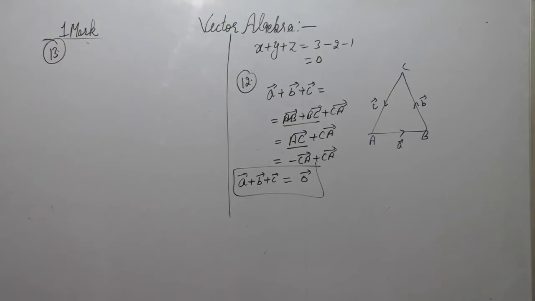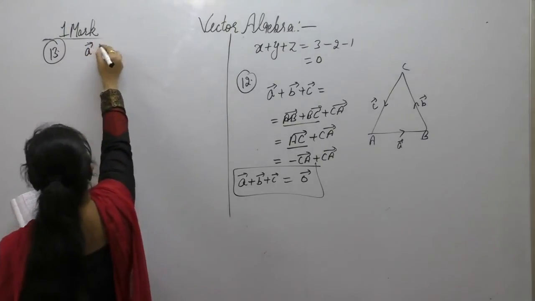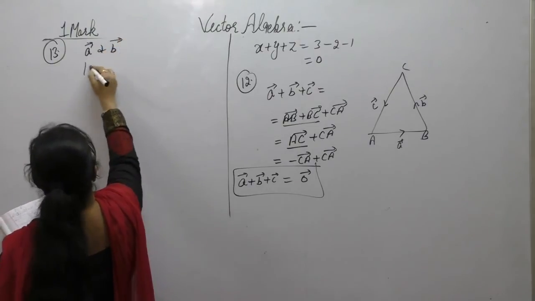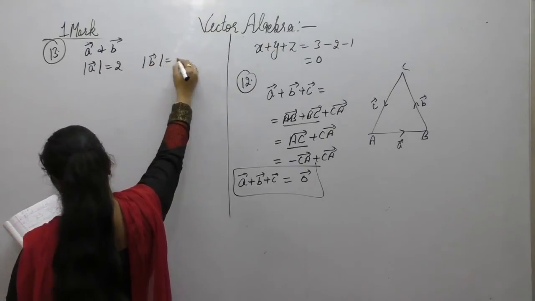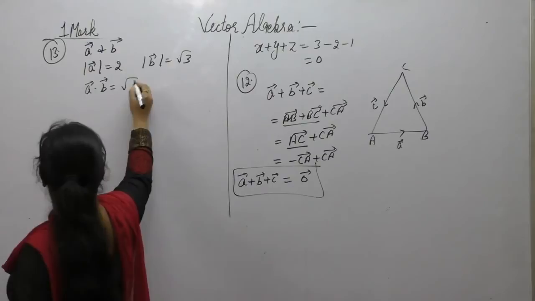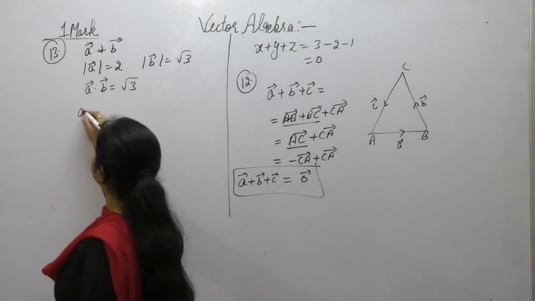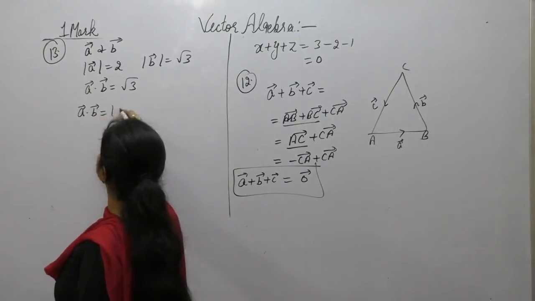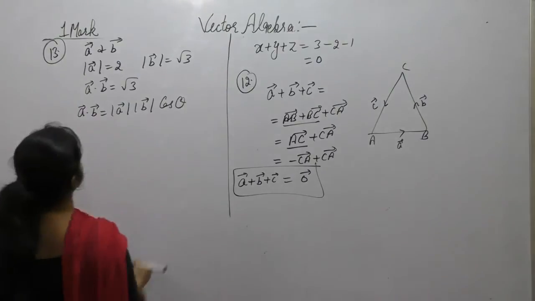Next one. What is the angle between vectors A vector and B vector with magnitudes 2 and square root of 3, given that A vector dot B vector is square root of 3? We know that A vector dot B vector is equal to modulus of A, modulus of B and cos theta.